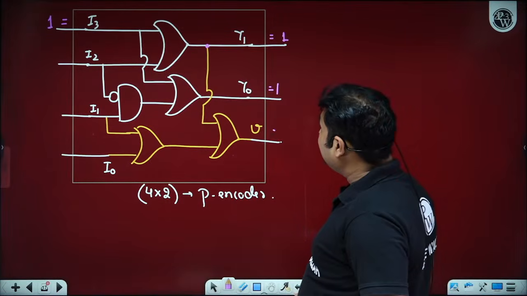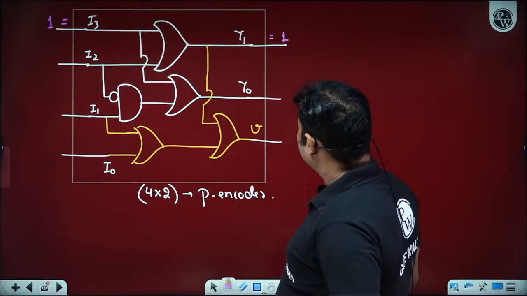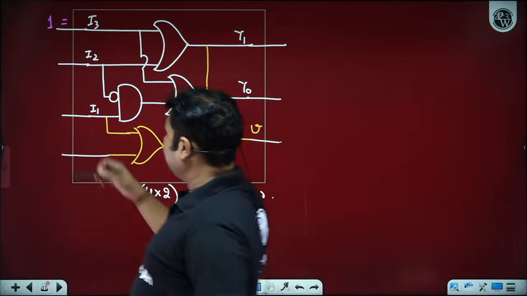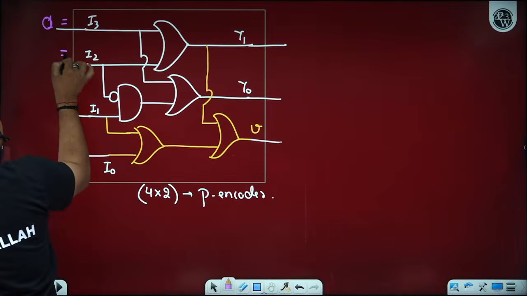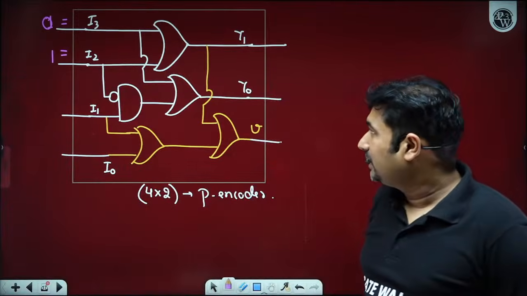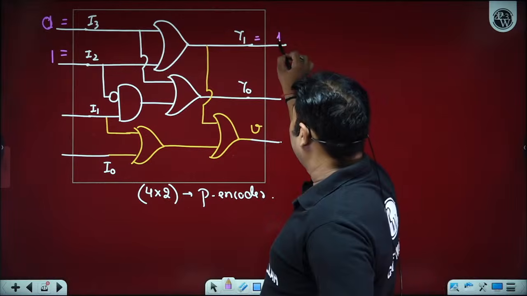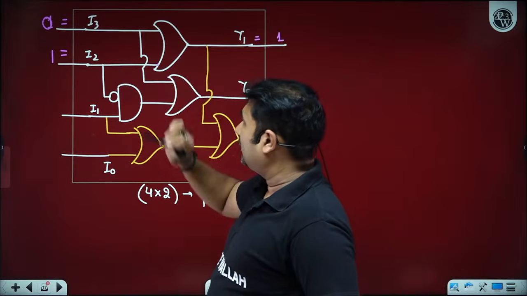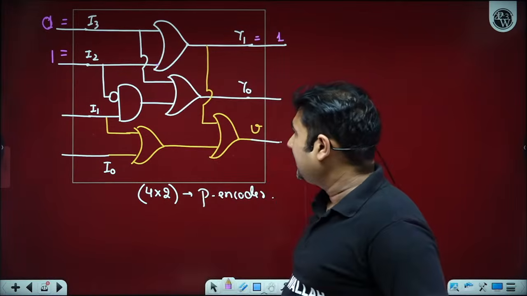In case I3 is not high, suppose I2 is high, then definitely the outputs should depend only on I2. If I2 is high, this will become high because if any one input of an OR gate is high, the OR gate output is high.